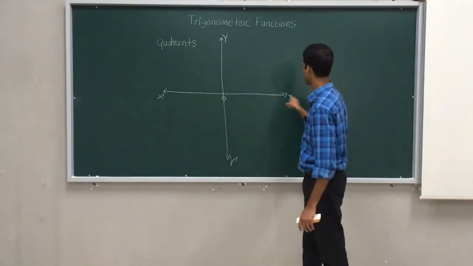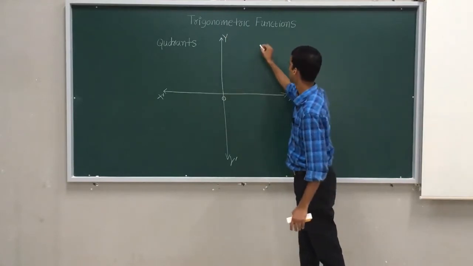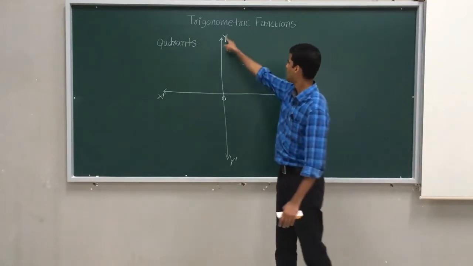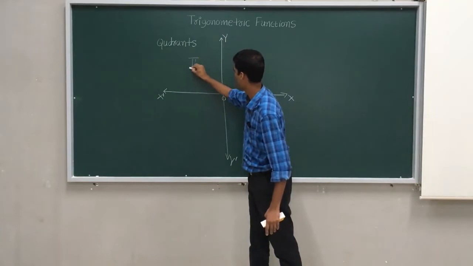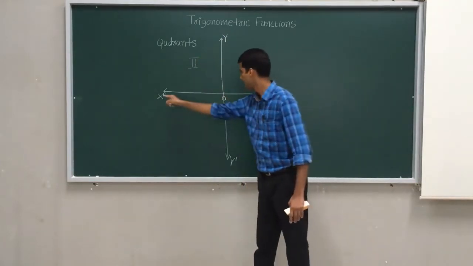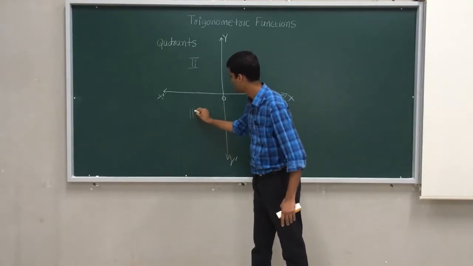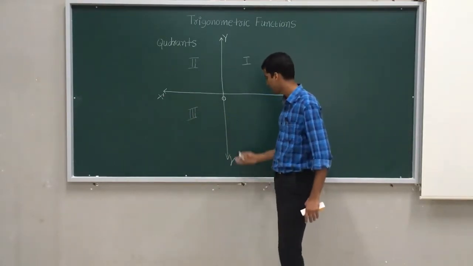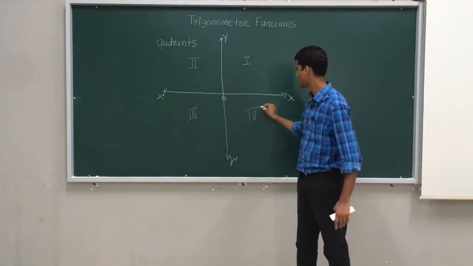Then those four compartments are named as follows. X O Y is called the first quadrant. Y O X dash is called the second quadrant. X dash O Y dash is called the third quadrant. You are getting my point? And lastly, Y dash O X is called the fourth quadrant.